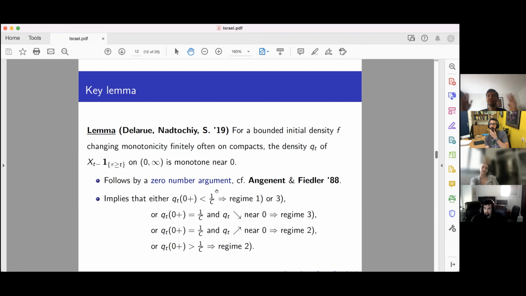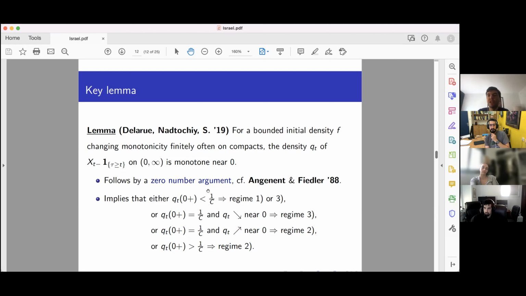If you run it in the full space, you would get the most classical version of the zero number argument. It would say that if you study the Cauchy problem for the heat equation, the number of monotonicity changes of the initial condition is an upper bound on the number of monotonicity changes at any positive time.